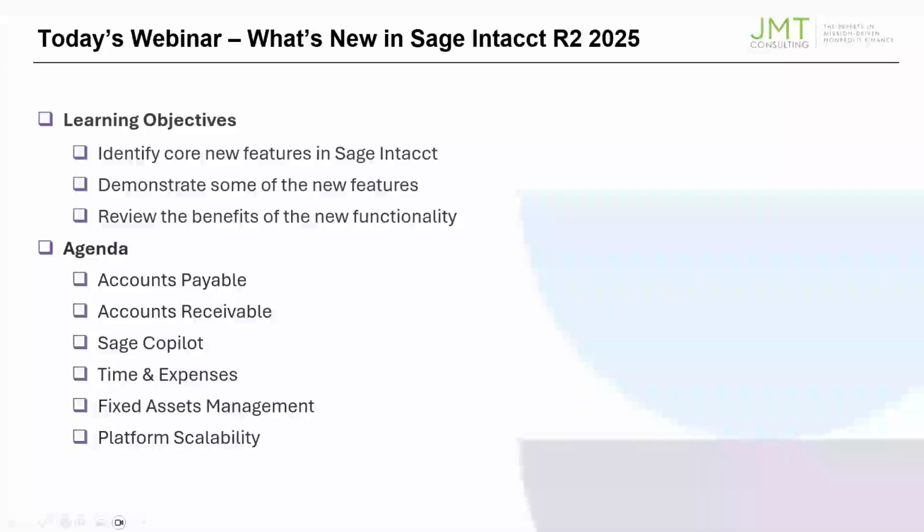The areas that we'll focus on are AP, AR, the Sage Copilot. How many of you have heard of the Sage Copilot? There are also some changes to the time and expense module and some changes to fixed asset management, and on the platform scalability. I wanted to say platform services, but that's not it. Without further ado, Fabiola, will you take it away, please?